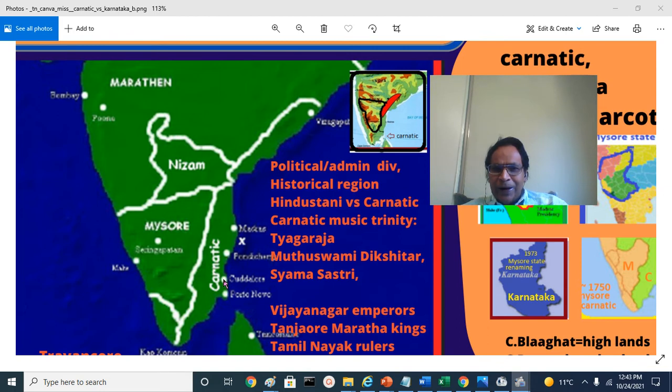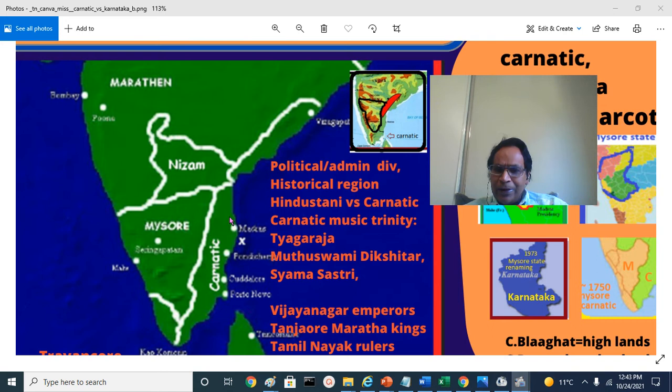South of the Kolleru, the area is called Southern Carnatic. That is Tirunelveli and Madurai district, Ramanathapuram, Sivaganga and Virudhunagar and so on. That is Thanjavur, Tiruchirappalli, those regions, Karur. That is Southern Carnatic.